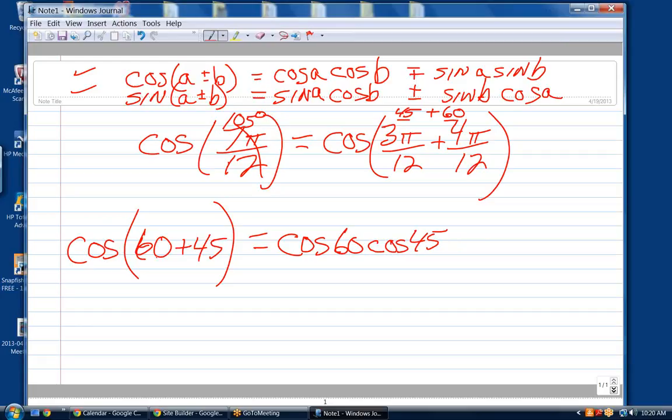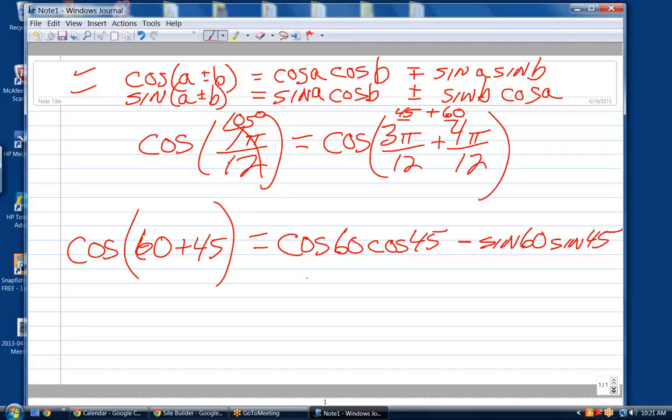For the cosine one, it's opposite. Whatever this sign is going to be, it's opposite. In other words, if this started out as a minus, this would be plus. For the sine, it's the same. If we're doing the sine sum and difference, notice that it's plus minus plus minus. But for the cosine, it's opposite. So in this case, it's negative. And then sine of 60, sine of 45.